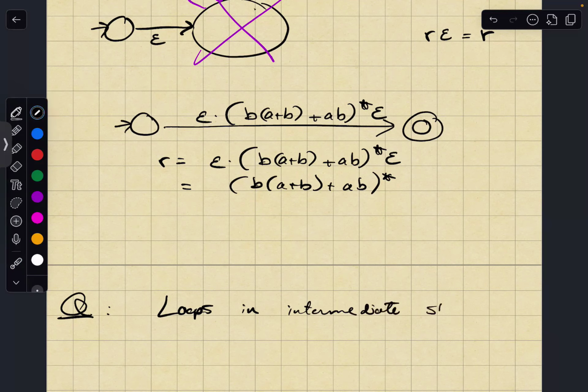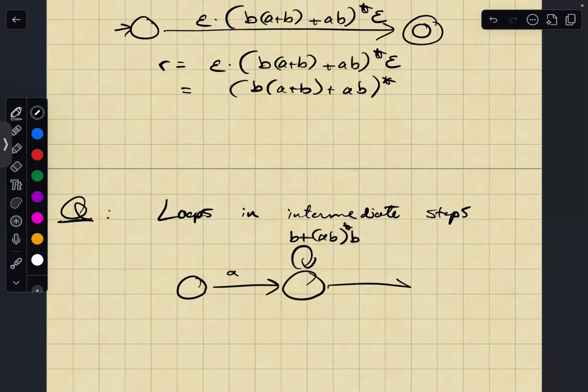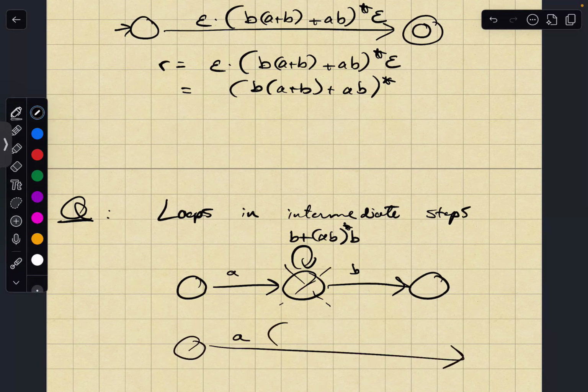This is an important question, right? If you have something like this, and you want to delete this state, then you do something like A, then everything in the self loop with a star, and then B.